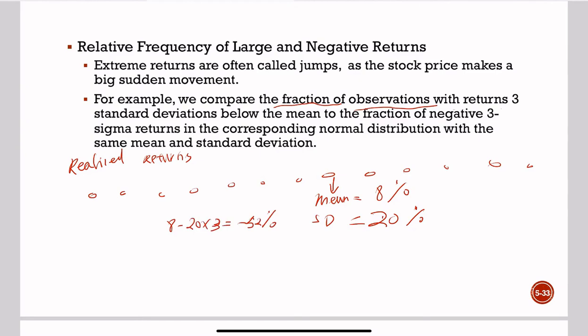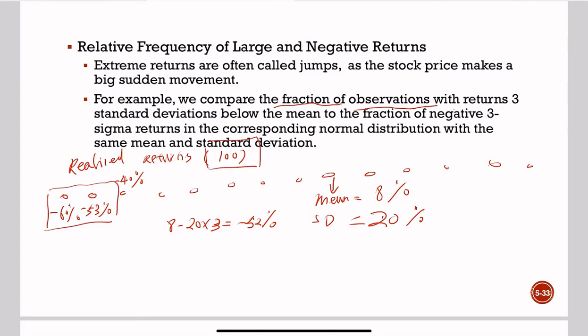So let's say you're looking at your realized returns. You have a total of 100 returns. And you find out, let's say this one is minus 40. And this one is minus 53. This one is minus 60. So now you can find out the fraction of observations with returns 3 standard deviations below the mean is given by these two guys divided by the total number of returns, right?